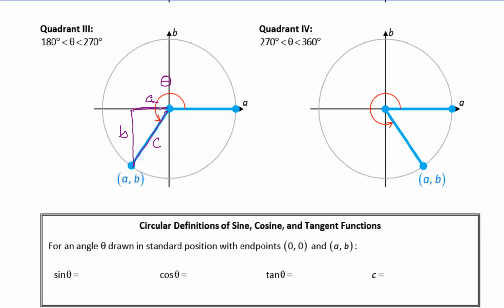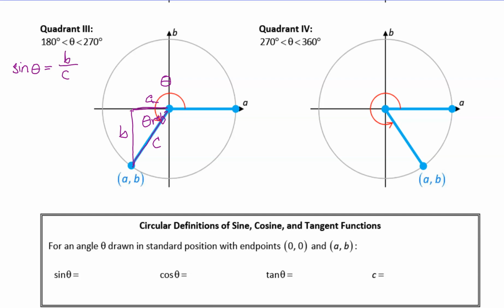In that case, both a and b are negative. The reference angle, or theta ref, is the angle on the inside of the triangle, and notice that it is the amount of the angle that's larger than 180. So it would be the angle measure minus 180.